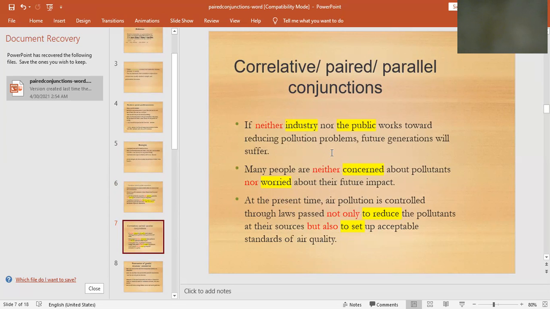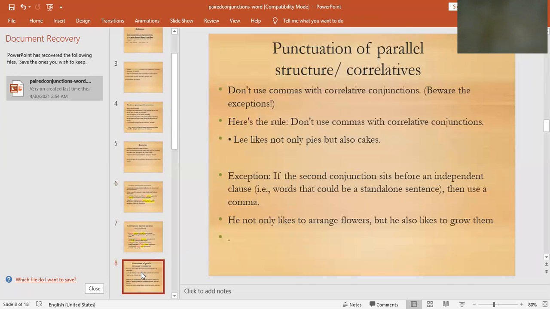So you see, this is how to use the paired conjunctions, or parallel conjunctions, or correlative conjunctions. You see again, in the first sentence, industry, the public. After neither, concerned, adjectives. After not only, but also, infinitive. So you have to take care of these rules.